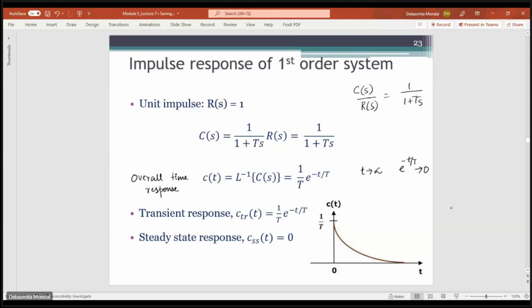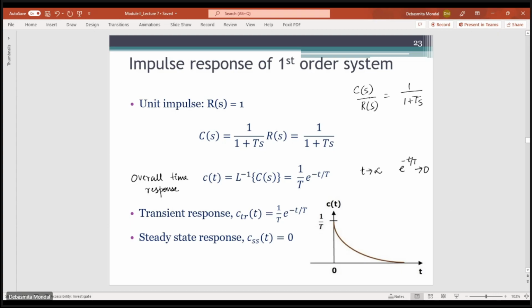This term e to the power minus t by T is the transient response, because it goes down to 0 as t tends to infinity. So the transient part of the response is given by (1 by T) e to the power minus t by T, and the steady state response is equal to 0. So c(t) transient plus c(t) steady state will give you the overall response of the system.